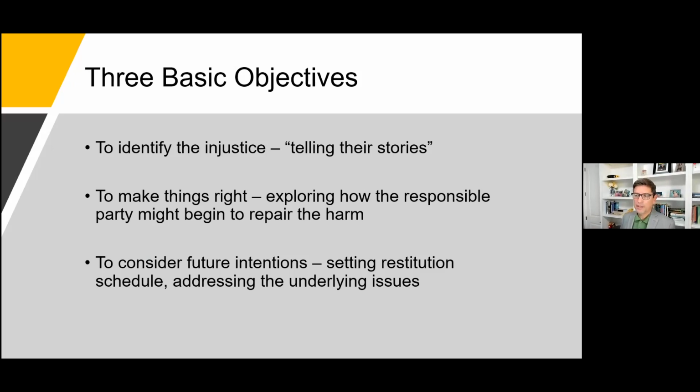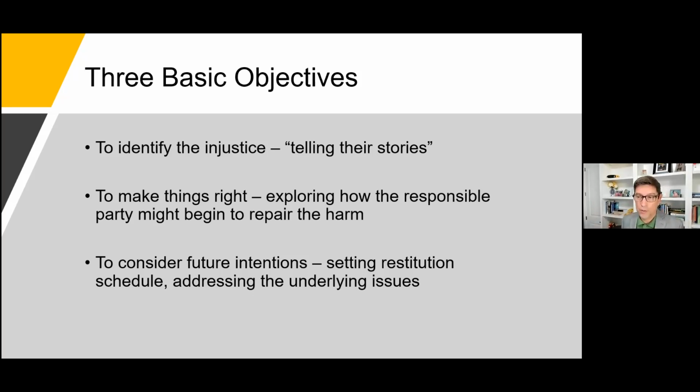So the three basic objectives, again, is to identify the injustice, right? Telling their stories. This is one of the parts that I really enjoy about this work, is that everybody has a story. All of us have a story, and when you're in conversation with a group of people and they're hearing your story, this is how your actions affected my life, the life of my family, or whoever was harmed by that incident, because of that ripple effect of crime, right?